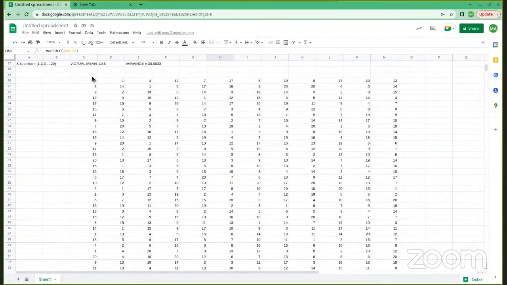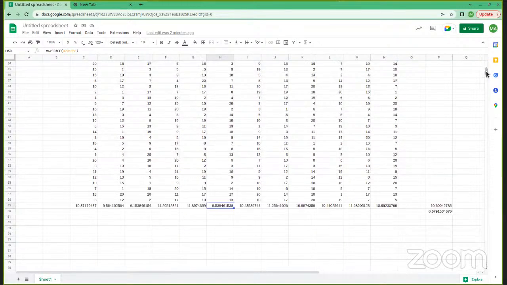Understood? For this particular sampling. Likewise, the second sampling, which consists of 35 samples, has sample mean 9.56.